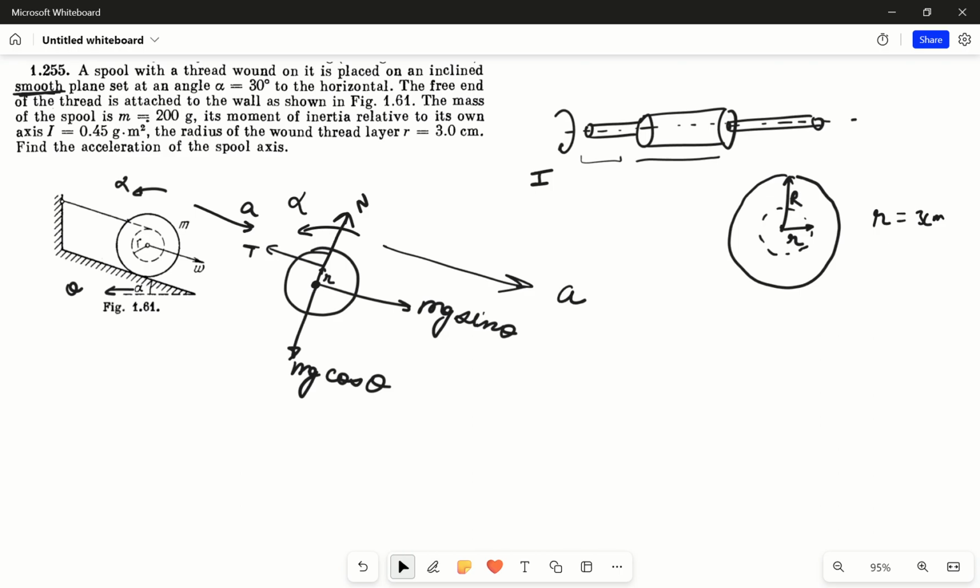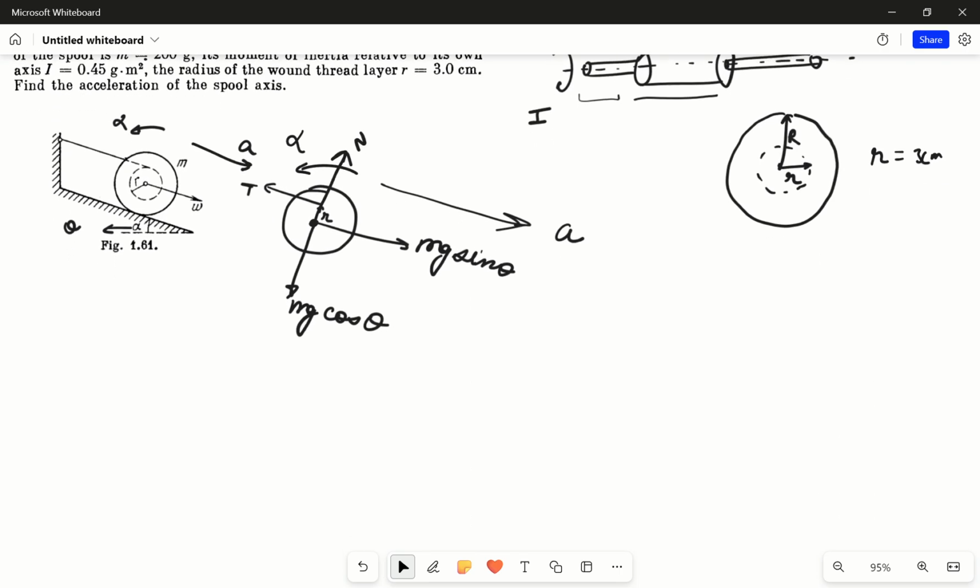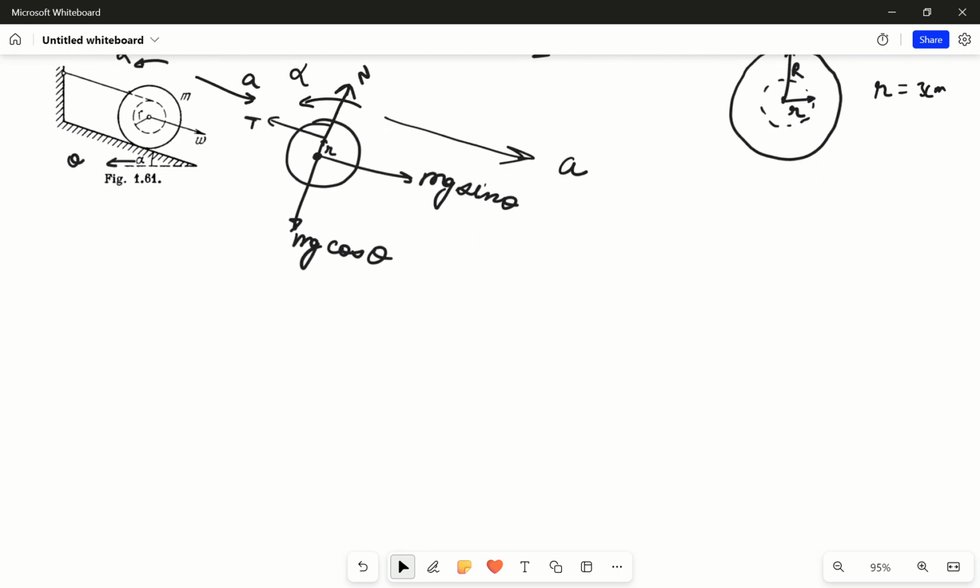Let's say it is a. So what we can infer is that this spool is performing a rolling type of motion, but that rolling motion is not pure rolling, right? So the next step would be to find the relation between alpha and a. So how can you find the relation between alpha and a?